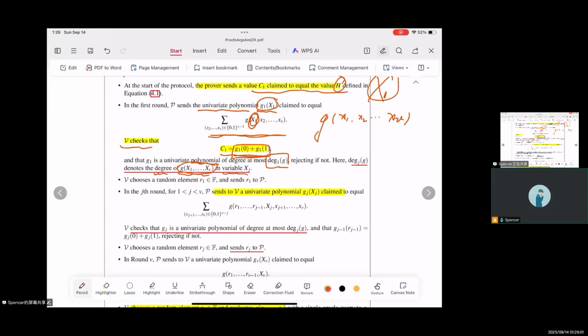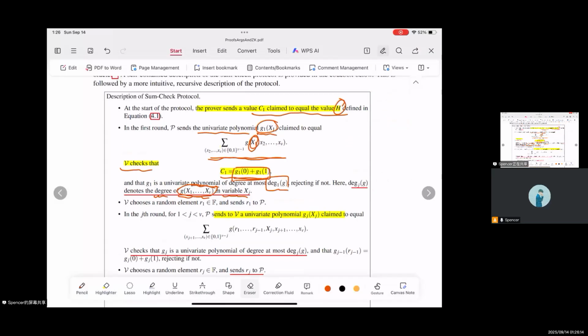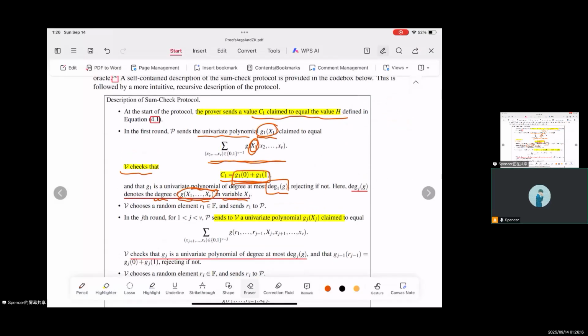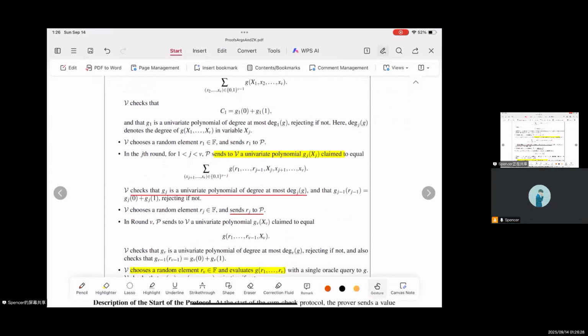So for this one it is G1's degree in x1. Okay, let's make it clean.